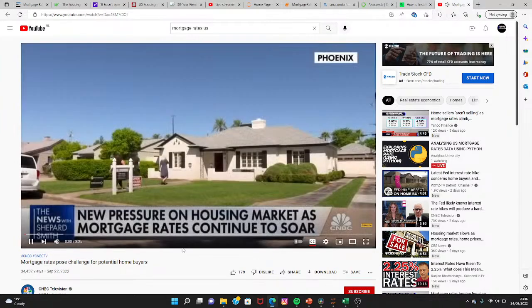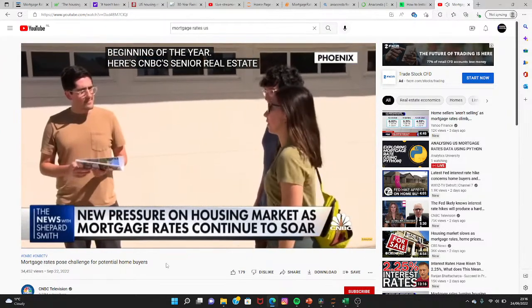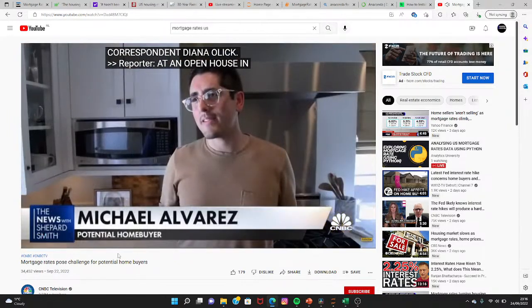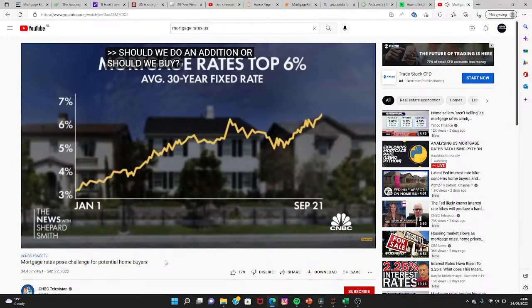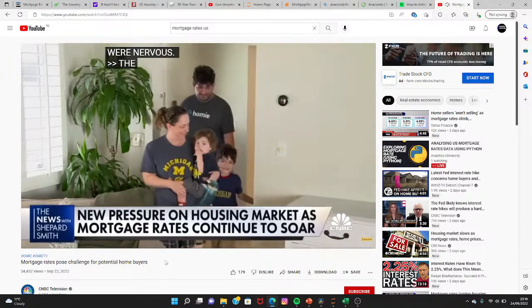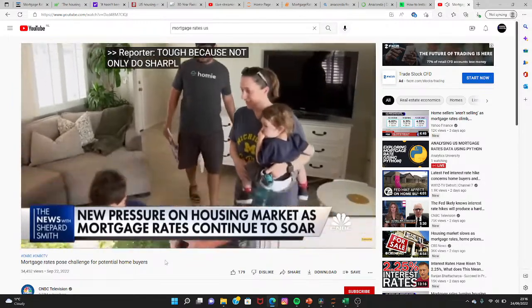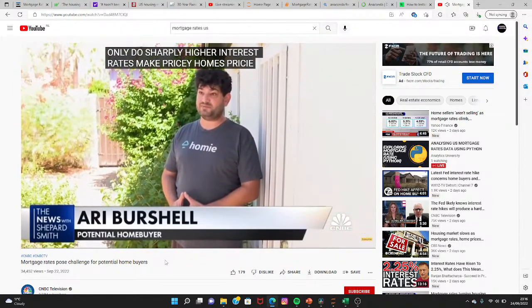At an open house in Phoenix over the weekend, potential buyers were nervous. The interest rate thing is a little tough. Tough because not only do sharply higher mortgage rates make already pricey homes even pricier, but for current homeowners looking to move up, one of the challenges for us is that we currently have an interest rate of 2.875%.